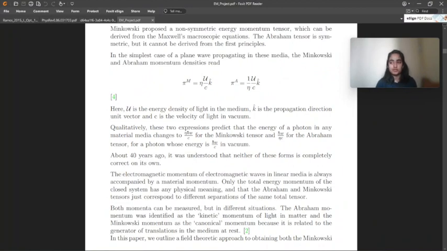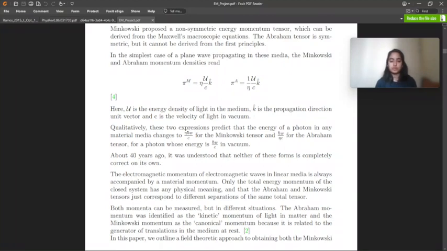So recently it was understood that neither of these forms is completely correct on its own. What physically has any meaning is just the total energy tensor, where your total system is the system corresponding to both the electromagnetic wave plus the material medium.